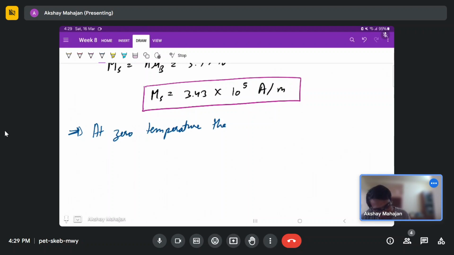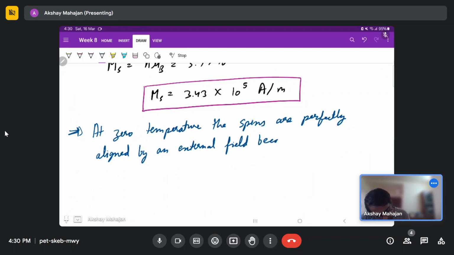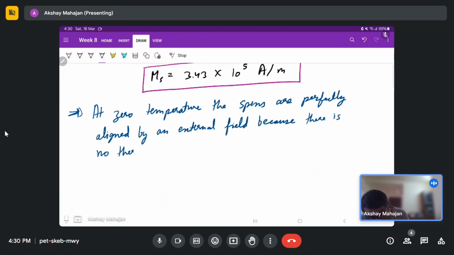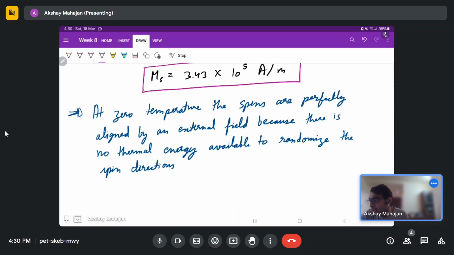Now at zero temperature, the spins are perfectly aligned by an external field because there is no thermal energy available to randomize the spin directions and thus increase the entropy.